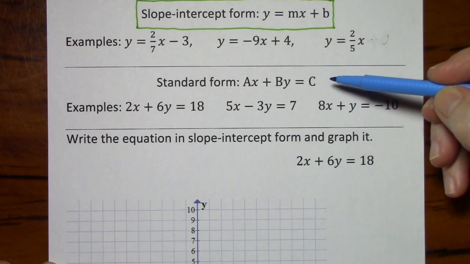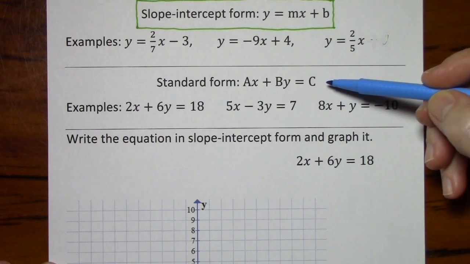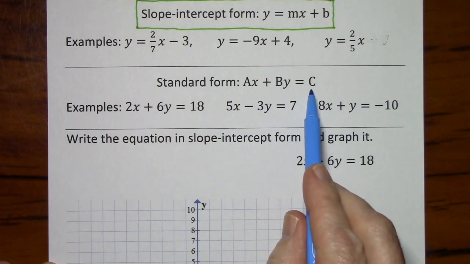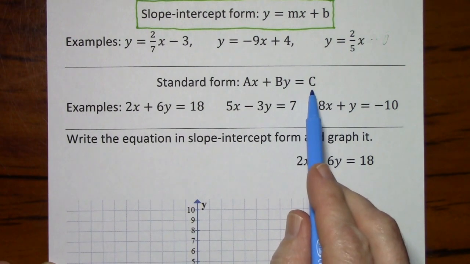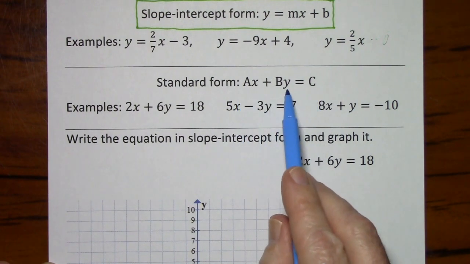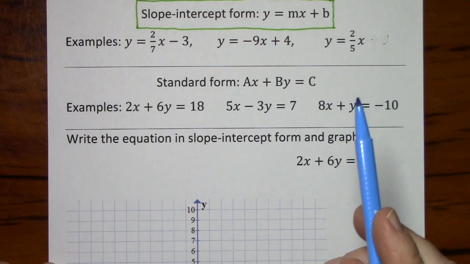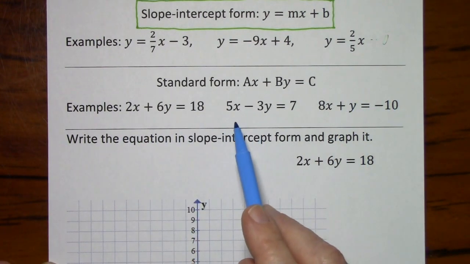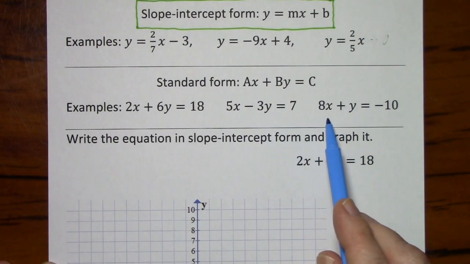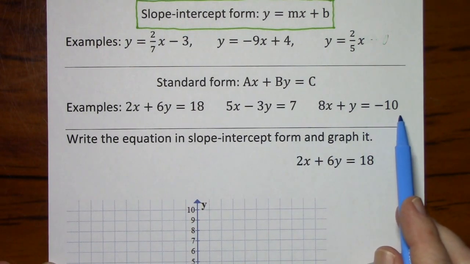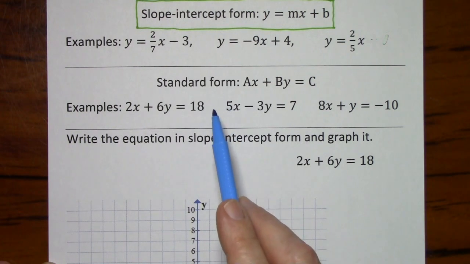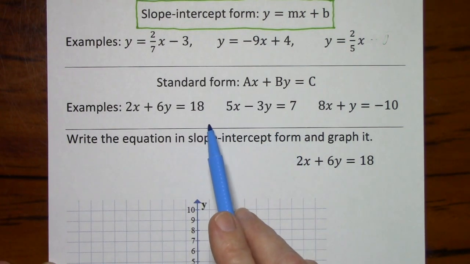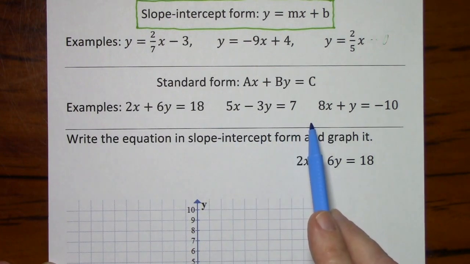Now you'll also be given equations in standard form. A, B, and C are basically constants. They're numbers that you're given. The x and the y are the variables. So this equation's in standard form, this equation's in standard form, and so is this one. For an equation to be in standard form, you cannot have fractions. If you have any fractions, you have to clear the equation of fractions.